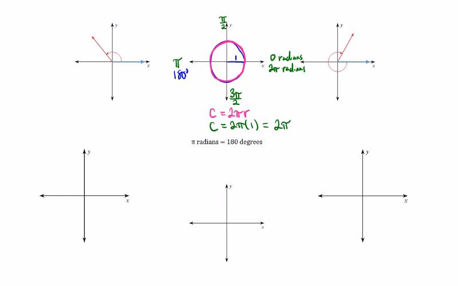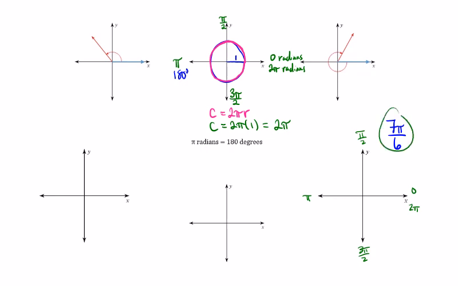All right. So now if I asked you to draw an angle in radians, let's say I said sketch the angle 7 pi over 6. What we do is we know that this is 0, pi over 2, pi, 3 pi over 2, 2 pi, right?